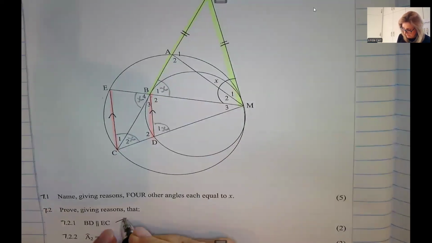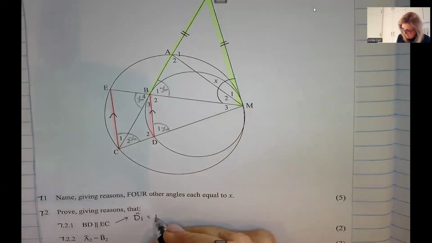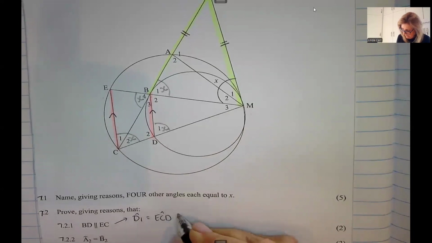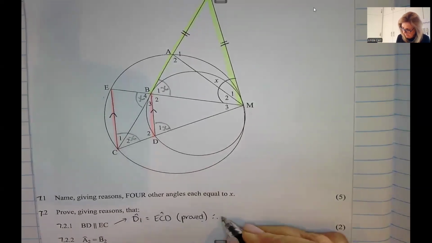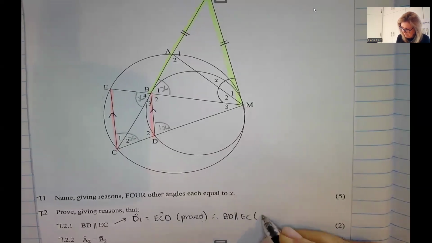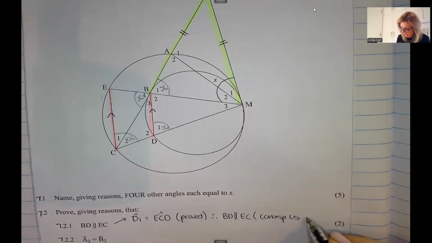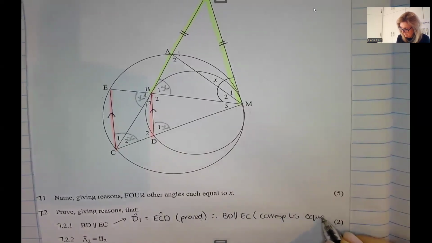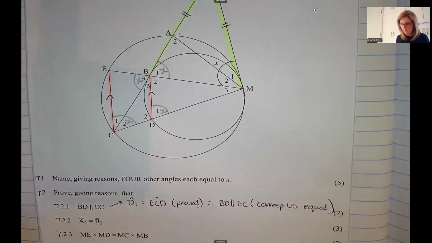Okay, so all I would say here is D1 is equal to ECD, and that's already proven. Therefore, BD is parallel to EC because the corresponding angles are equal. Right, so I now have parallel lines as well.